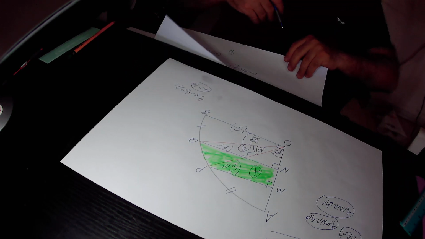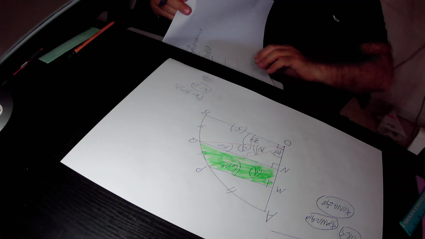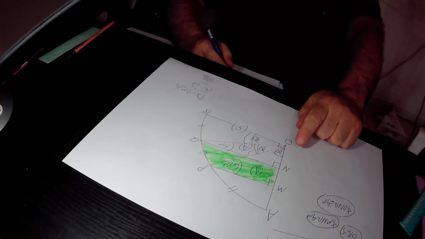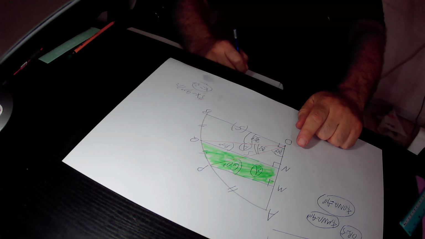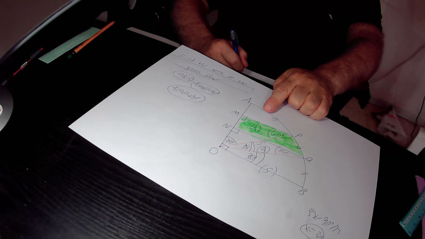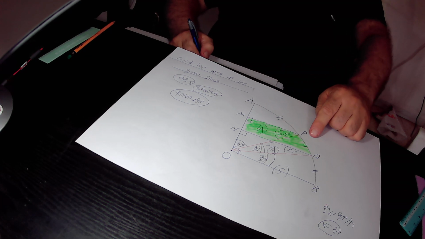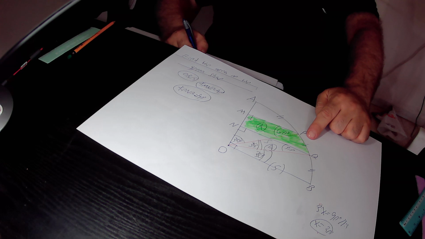Okay. Our mission is to find out the area of this green shape. So what is the area of the green shape? From the drawing it is very easy to see that the area of the green shape is equal to the area of quadrilateral MNSP plus the area of this green triangle PQS.